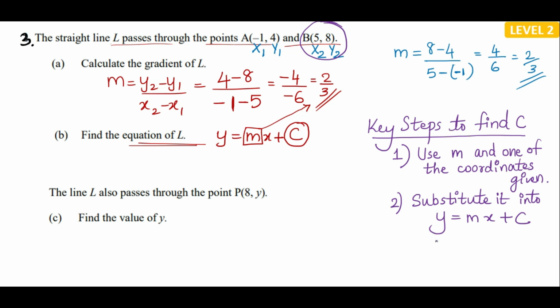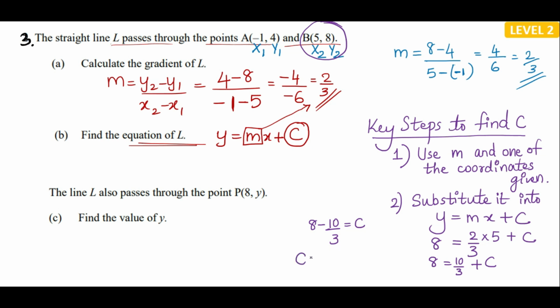So my y there is 8 equals, my m is 2 over 3, the x coordinate is 5, plus c. So from this equation, I'm going to find the value of c. So I have 8 is equal to 10 over 3 plus c, from which I get the answer for c as, rearranging, 8 minus 10 over 3 equal to c.